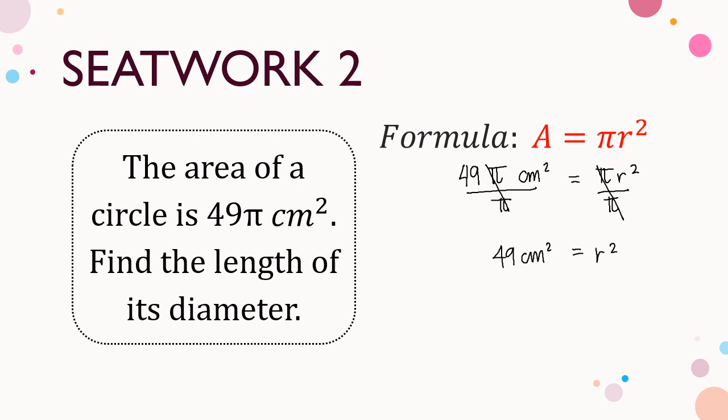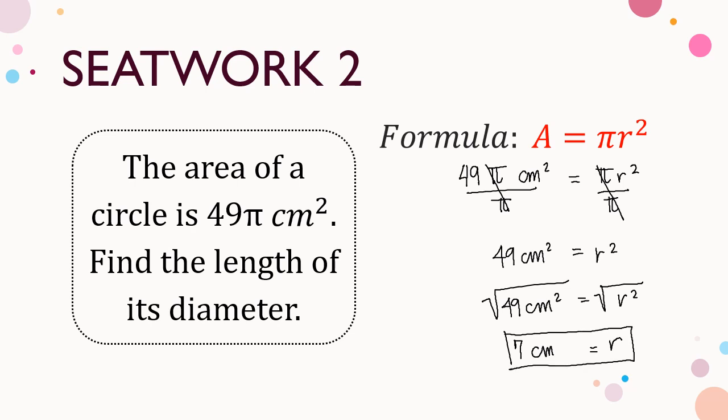We need to simplify it further by getting the square root of both sides of our equation. What is the square root of r squared? It is r. The square root of 49 is 7. The square root of centimeters squared is centimeters. Therefore, our radius is 7 centimeters.